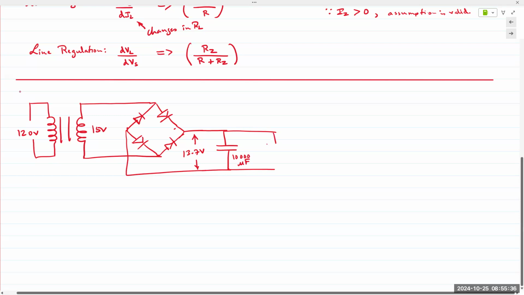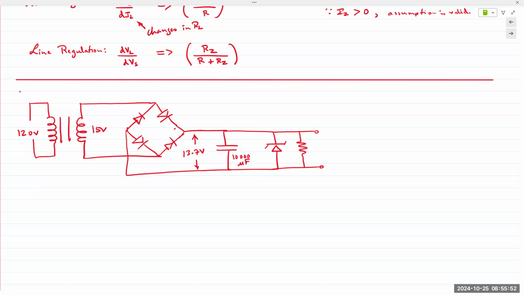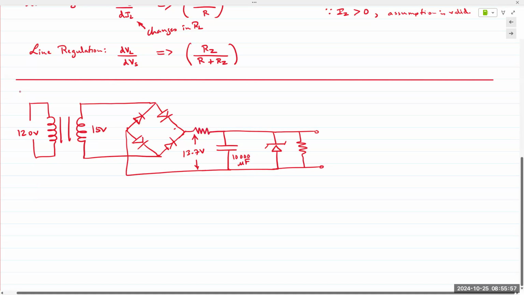And then we connect a Zener diode depending on our requirements. We'll also have a current limiting resistor in here somewhere. And this would be RL.